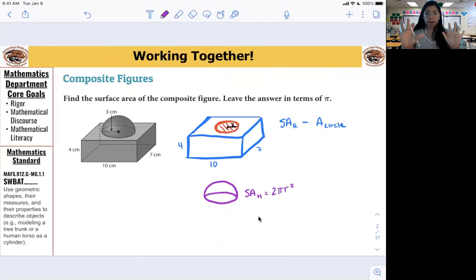So let's summarize what we're doing. We're finding the surface area of this rectangular prism, but then we're taking away the area of the circle on top. And then once we get that, we're going to add the surface area of my hemisphere. So let's go ahead and figure out, starting with the surface area of the rectangular prism. What is that?